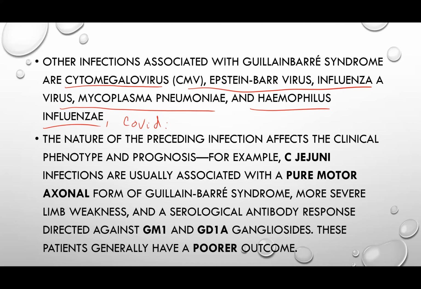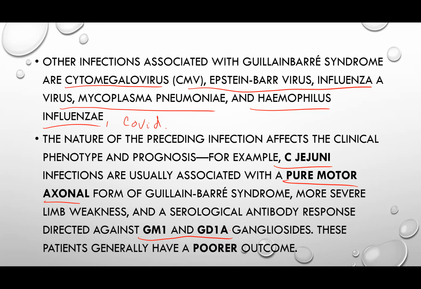For example, Campylobacter jejuni infection is usually associated with the pure motor axonal form and more severe limb weakness, and a serological antibody response directed against GM1 and GD1a gangliosides. These patients generally have a poorer outcome. So what they're saying is if you have a C. jejuni trigger as the cause, it could lead to the pure motor axonal type.